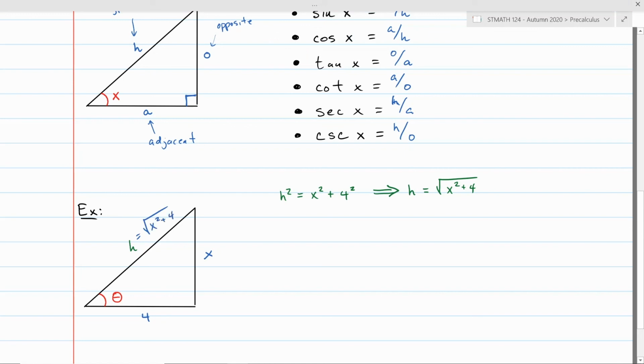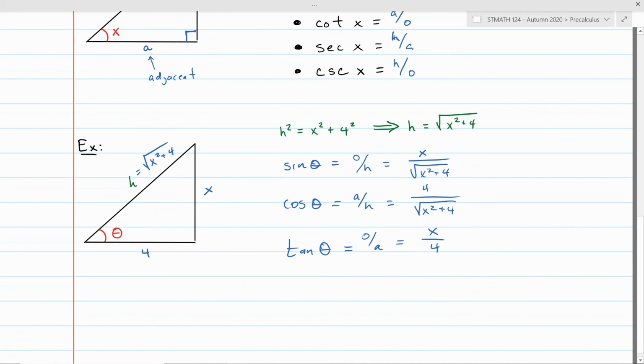And so now I could write down, what is sine of theta? Well, sine of theta is, again, the opposite over the hypotenuse, right? So that would be x over the square root of x squared plus 4. And cosine of theta, being the adjacent over h, would be 4 over square root of x squared plus 4. And tangent of theta, being the opposite over the adjacent, would be x over 4.